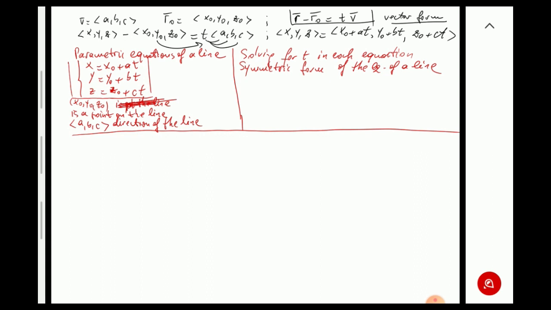So, for example, from the first equality, t is going to be x minus x naught over a. Then from the second one, t is y minus y naught over b, and then z minus z naught over c. Right, so three forms, you can write them on the formula sheet and then use them however you like. Of course, if the problem doesn't specify which form you should use, you pick the one that you like.